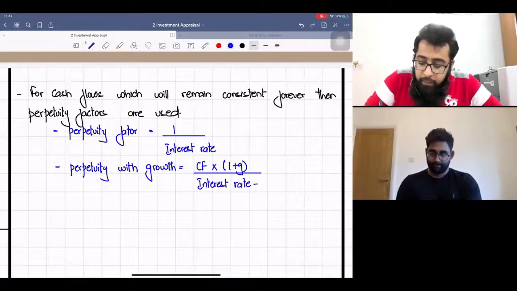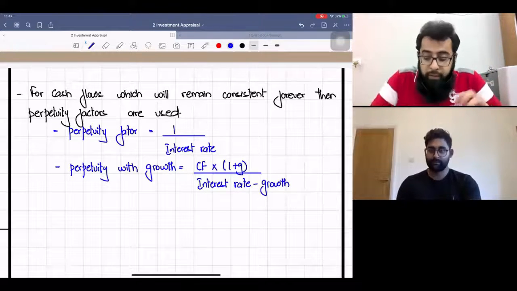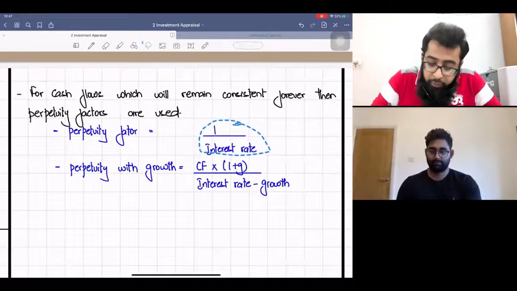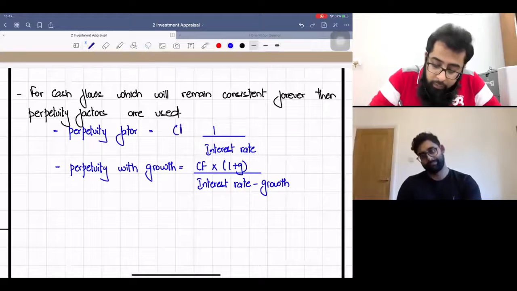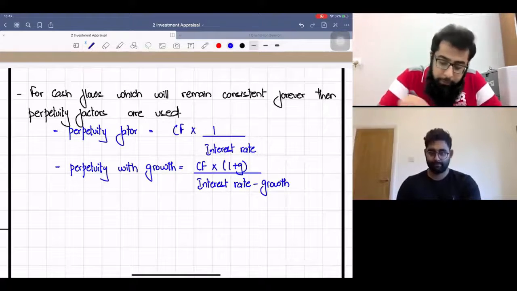Okay. So the basic objective of writing down these formulas on one place is that you can remember them in your exam, and this will help you and act as a formula sheet for you. So cash flow into 1 divided by interest rate, you'll get present value of perpetuity.